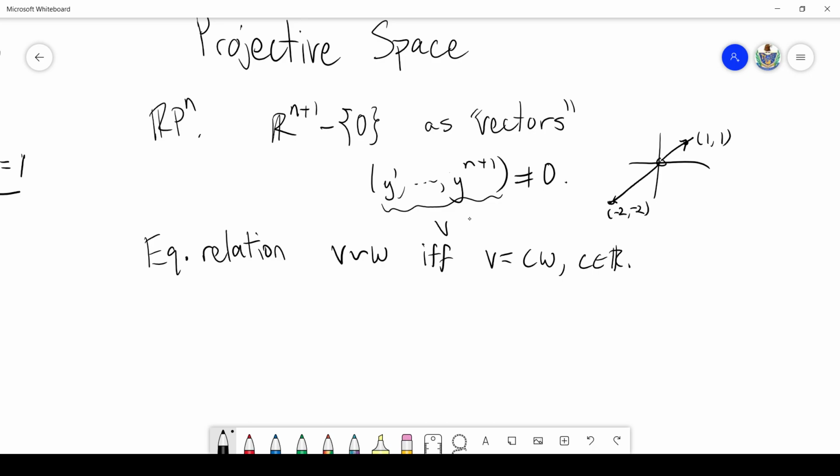I'm considering these two vectors to be the same thing because they're related via the scalar multiple -2 or alternatively -1/2. So essentially the space under this equivalence relation is what real projective space is. And so essentially this is just looking at only directional vectors.